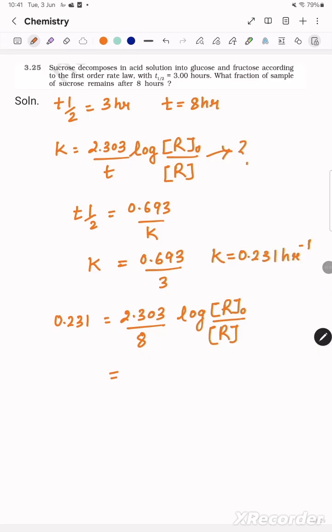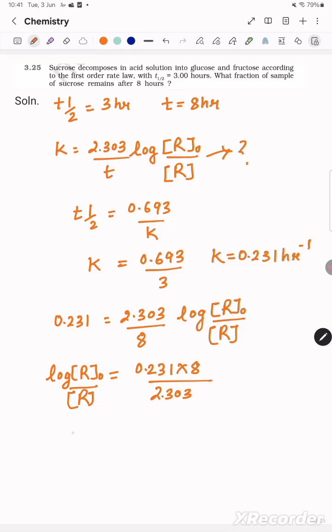Now we take the log to this side, that is log R naught upon R is equal to 0.231 multiplied by 8 upon 2.303.